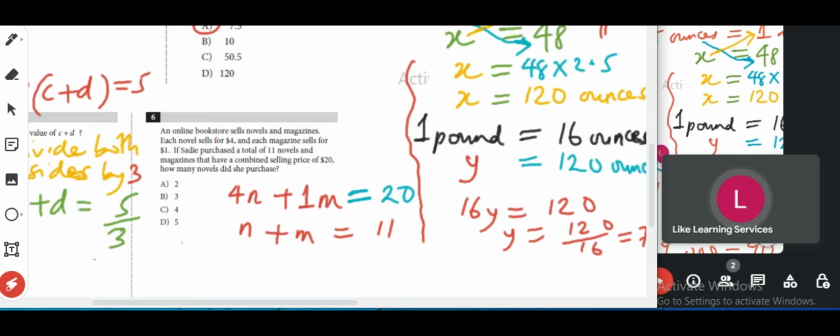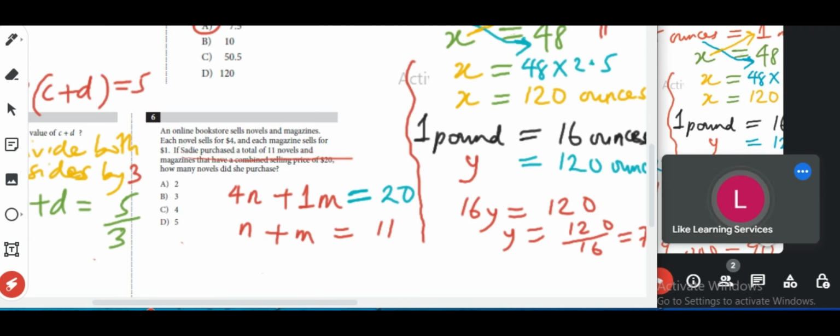I've formed a simultaneous equation. Let me explain it again. I just want you to look at the information given.